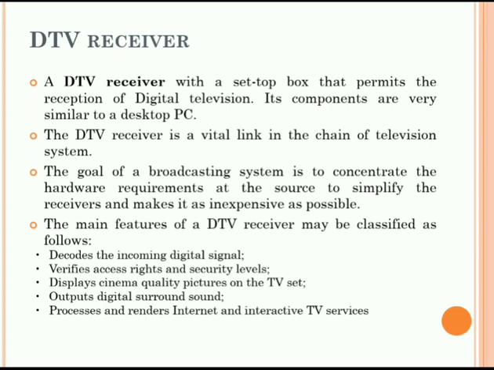The main features of a DTV receiver may be classified as follows: first, it decodes the incoming digital signal, verifies the access rights and security levels, then displays the cinema quality picture on the television sets, then outputs the digital surround sound, and processes and renders internet and interactive TV services.